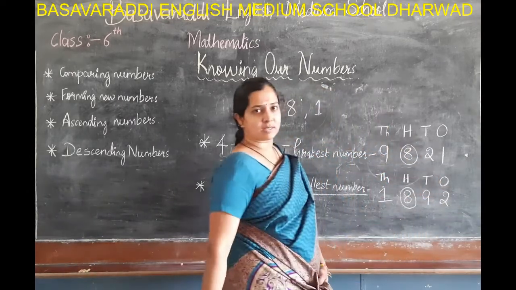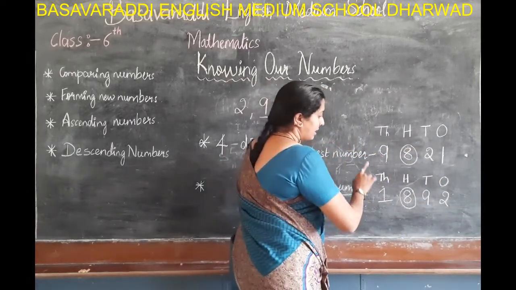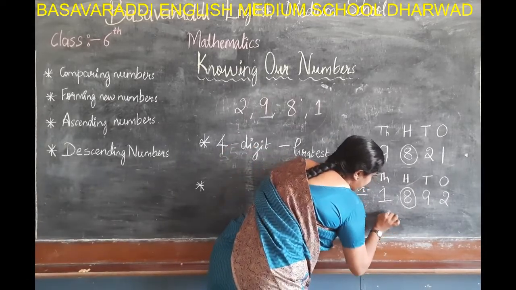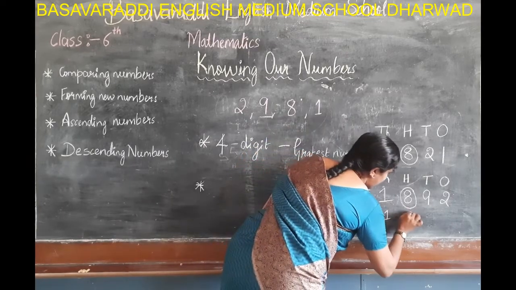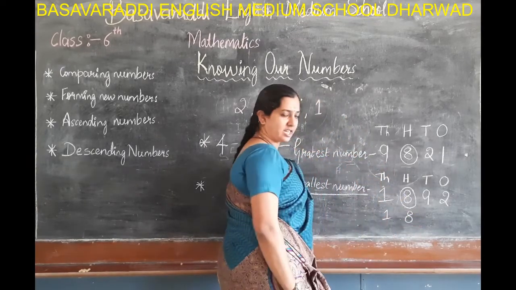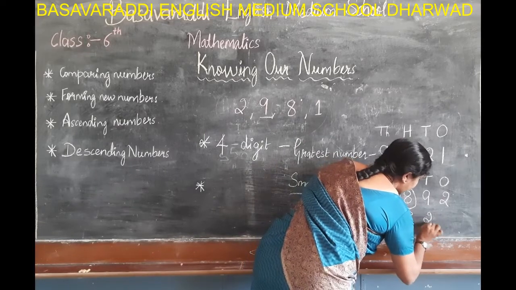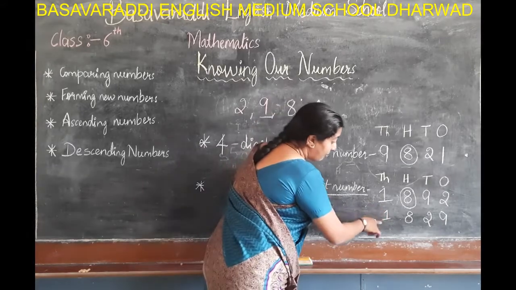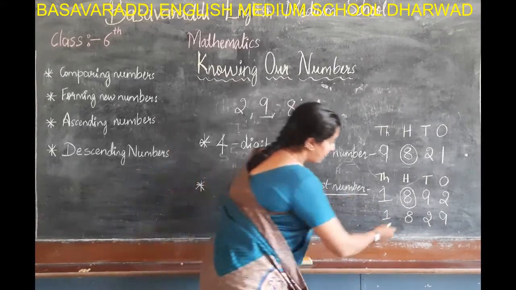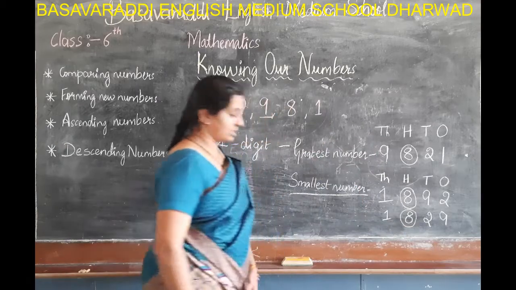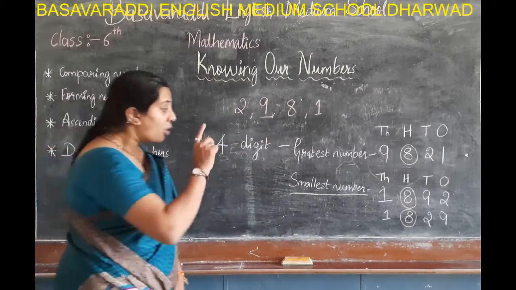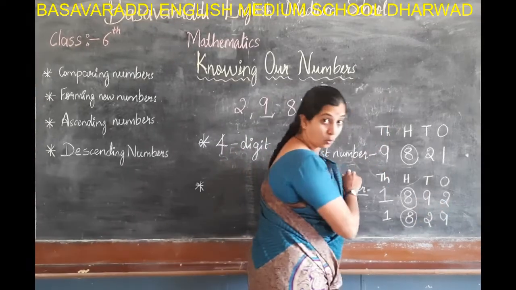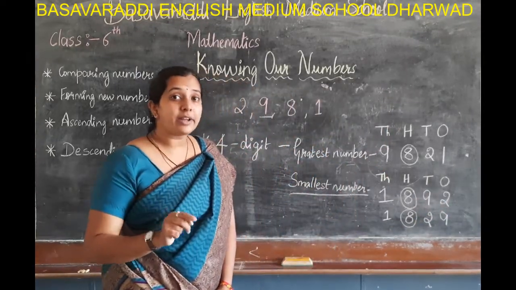Now there is one more chance, right? I will keep 1 in the thousands place and 8 is always at the hundreds place. I will just shift 2 to the tens place and 9 to the ones place. So compare these two numbers. Here we have 1892.